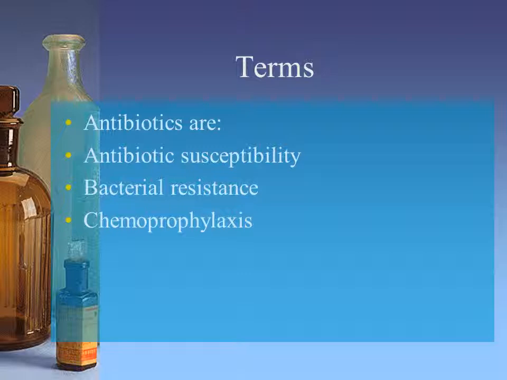Think about what are some things that may cause bacteria to mutate or may cause bacterial resistance. One of the proposed things right now is that we're using so many antibacterial soaps and preparations out there that we may be creating superbugs by doing that.